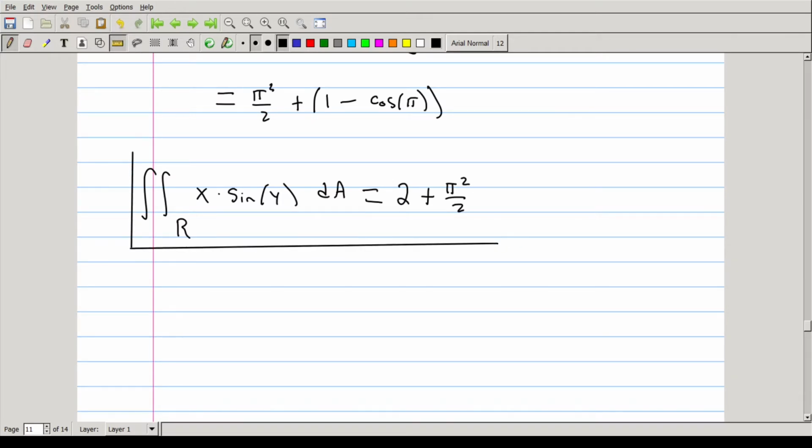This value is the exact value of the net volume under the graph of this function. Remember that we say net volume because we mean the total amount of positive volume of the graph of the function above the xy plane, minus the total amount of volume below the xy plane.